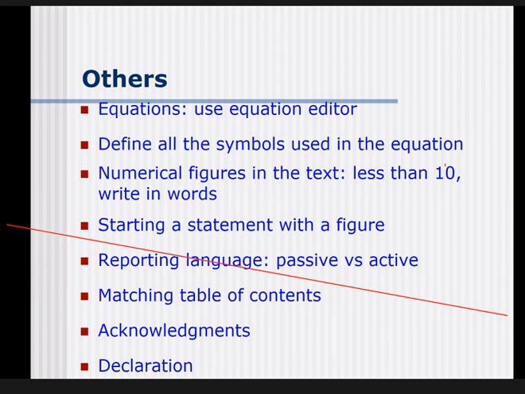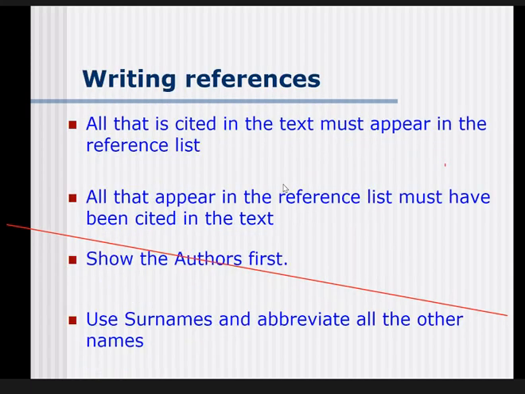If people collected data for you and you paid them, you don't have to put them in acknowledgements. And then there is a page for declaration that this work is original, written by you and owned by you and submitted for that special purpose of the degree award, and has never been submitted elsewhere.